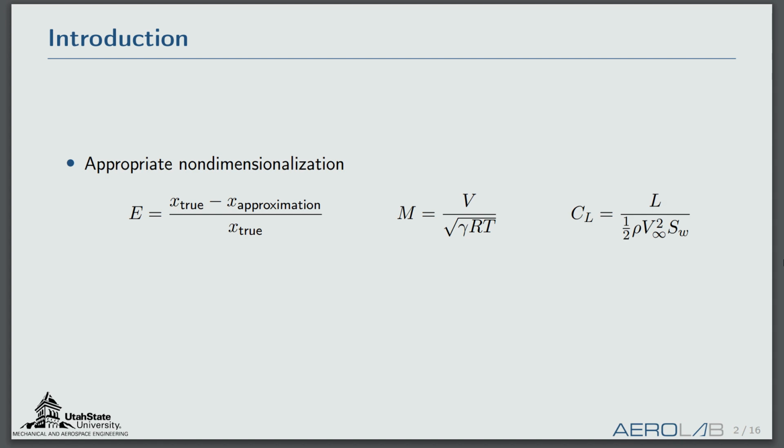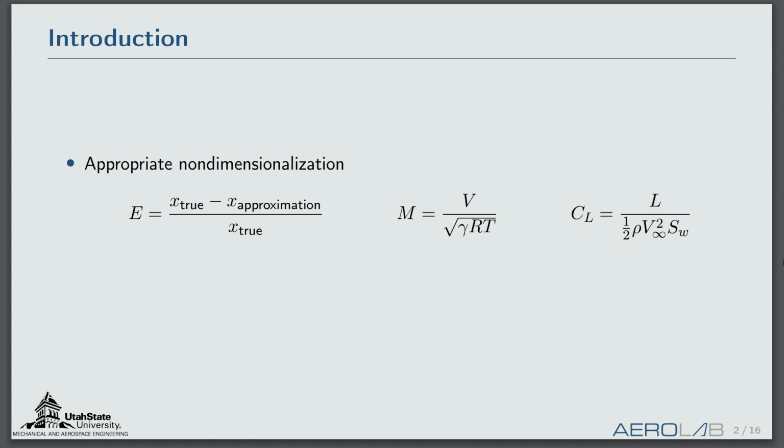And the last thing is a lift coefficient. In aerodynamics, when we non-dimensionalize the body lift force, we divide it by the dynamic pressure multiplied by the main wing area, and that's just because those are appropriate units. They have to do with aerodynamics, and so what I want to stress here is we always use something that's appropriate.